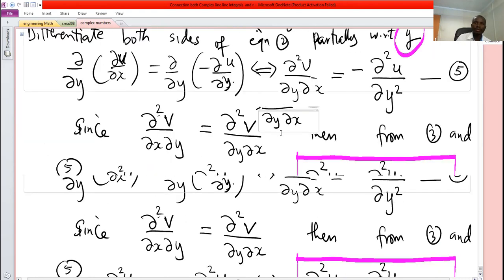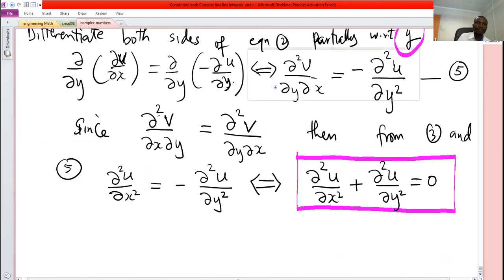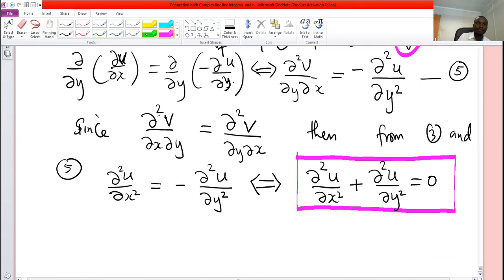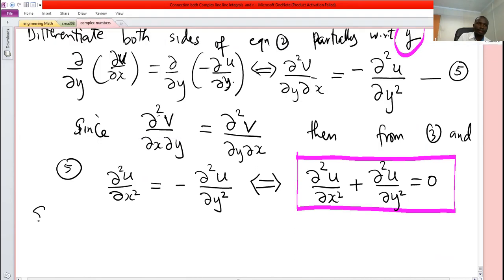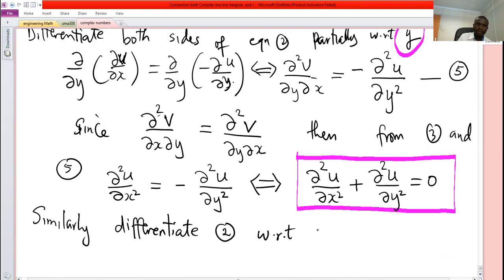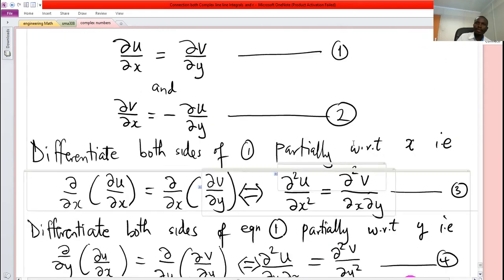So now let's differentiate equation 2 with respect to x partially. The second equation is this one here.